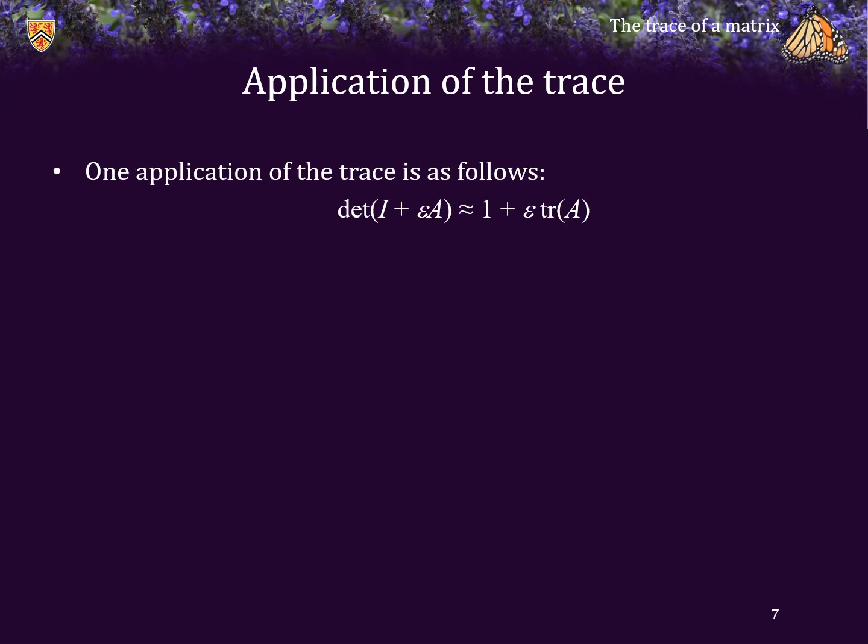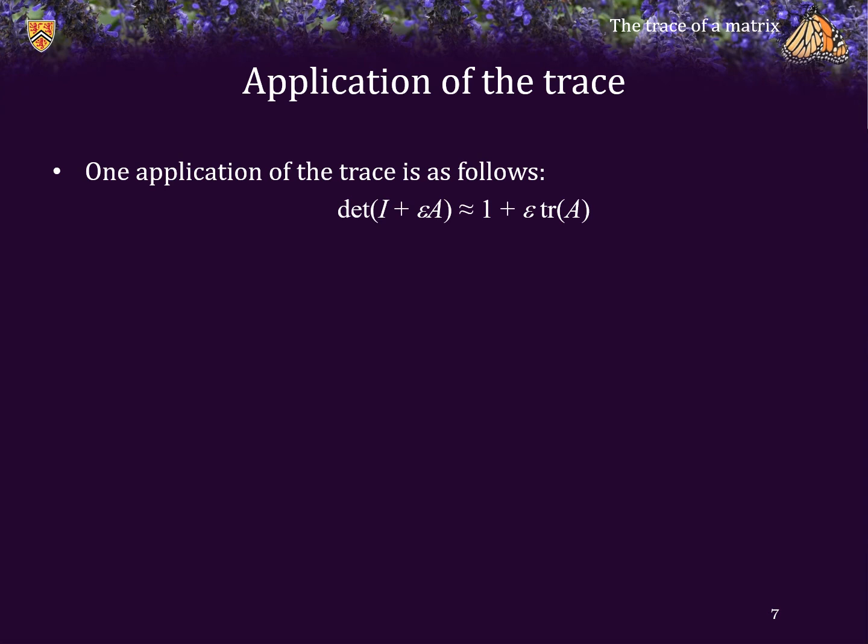Now here's one application of the trace. Suppose we have a system that describes some real-world phenomena. In this case, we may perturb the system by adding epsilon times a perturbation, or a shaking up of the system, to the original model.